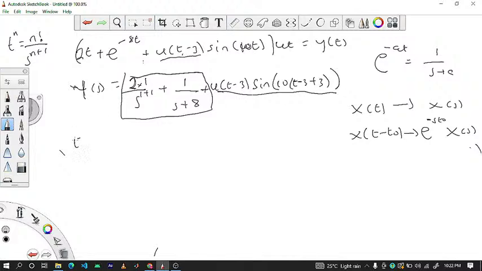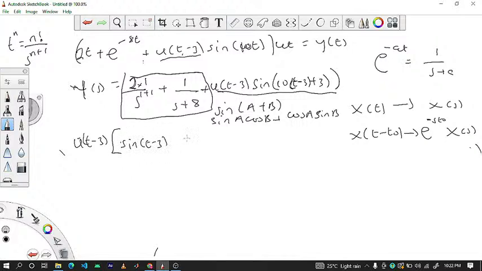Now we have a u of t minus 3 multiplying. Now we are going to expand this. We'll use the expansion for sine a plus b, which is sine a cos b plus cos a sine b. So this will give us sine of t minus 3 cos 3 plus cos of t minus 3 sine 3.